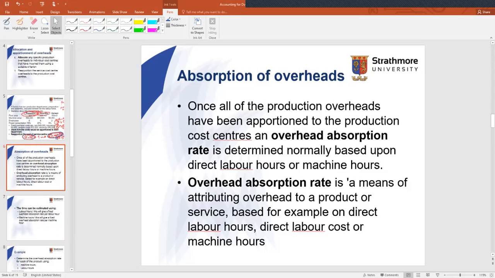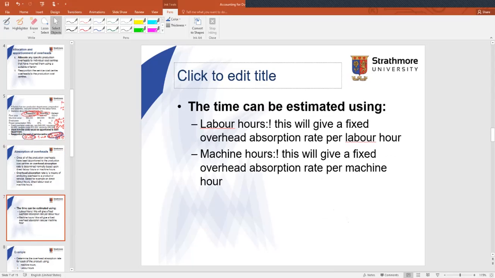As we mentioned, don't forget the overhead absorption rate is based on either machine hours or labor hours. So you should have a good accounting system that is able to account for the exact labor hours spent within a given time period.